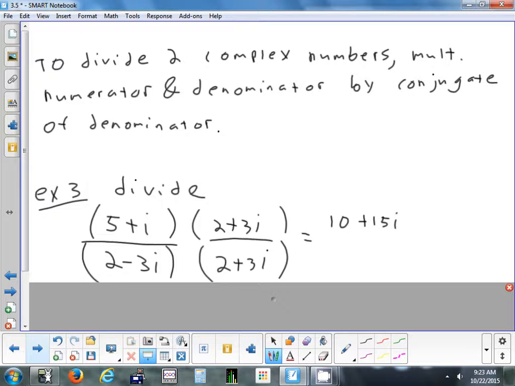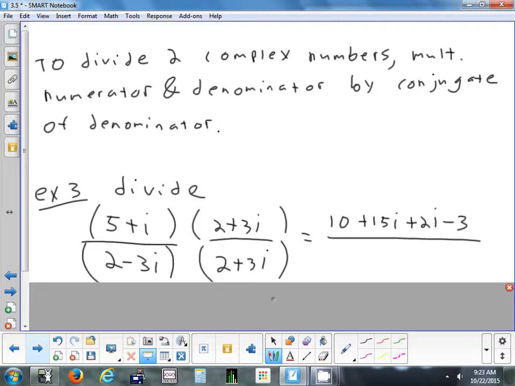I times 2? 2i. All right, and the last part, if you can do it all in your head, that's fine. If not, we can do it in a couple steps. We've got i times 3i. That's 3i squared. But what's i squared? Negative 1. So what is 3i squared? Negative 3.